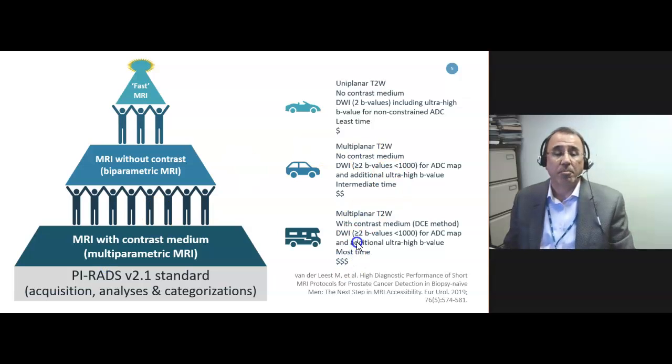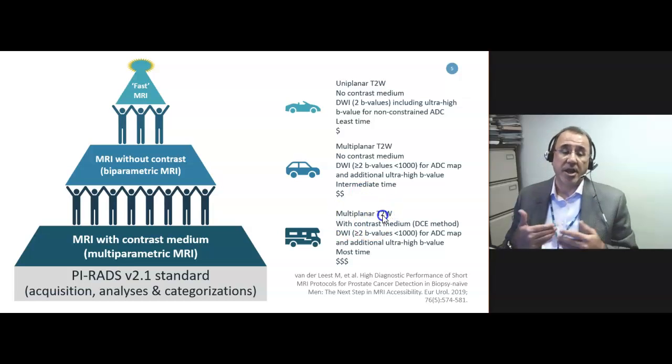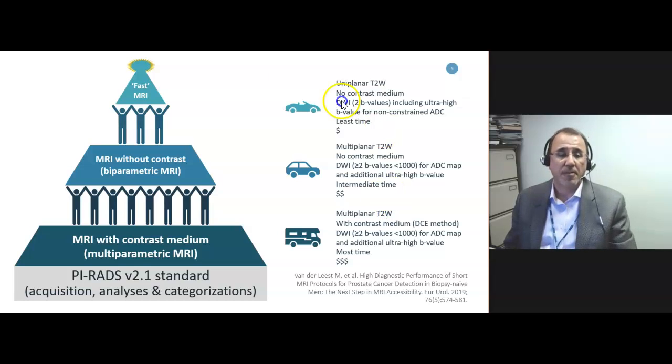So a multiparametric MRI is a multiplanar T2, dynamic contrast enhancement, and diffusion imaging with b-values less than 1000 being used for ADC map calculation, and an additional ultra-high b-value image that could be extracted or calculated from the lower b-values or acquired de novo. This, of course, takes the most amount of time and is the most expensive.